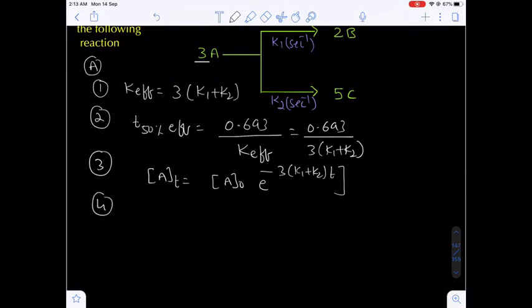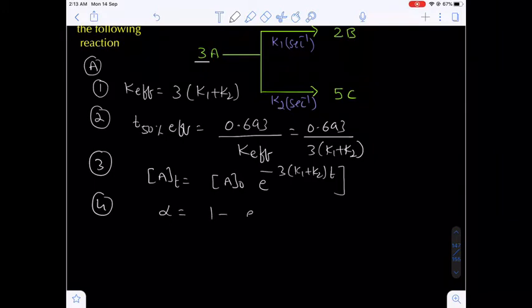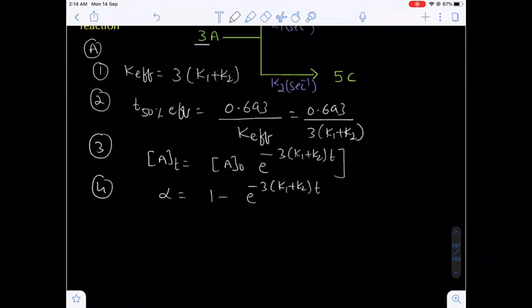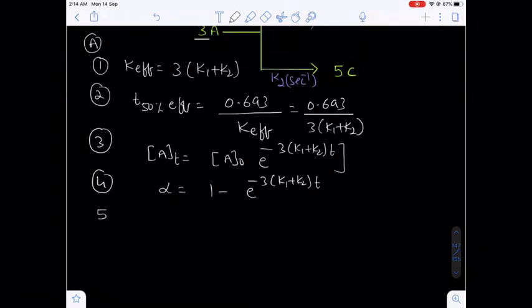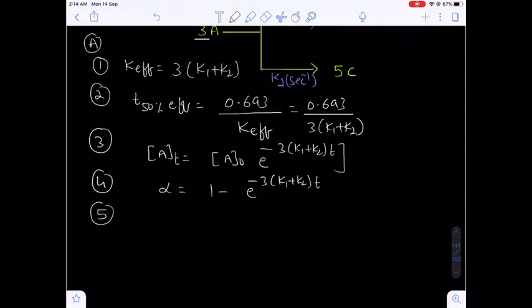Next, what will be the degree of dissociation alpha? That will be 1 minus e to the power minus 3 into (K1 plus K2), that is 1 minus e to the power of minus K effective into time period. Okay. Now the next question is: what will be the concentration of the product?